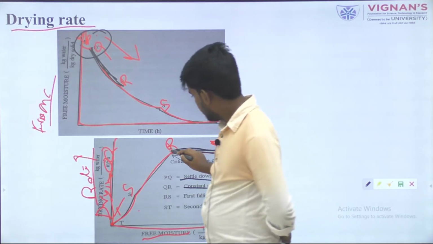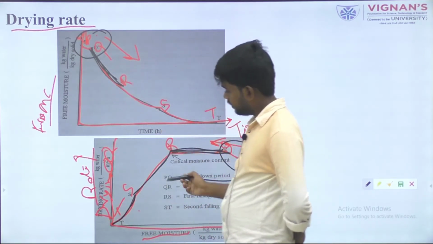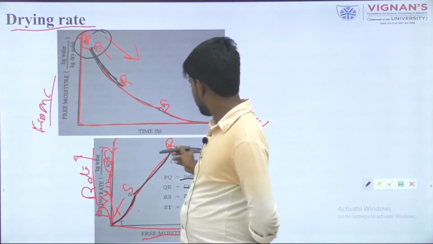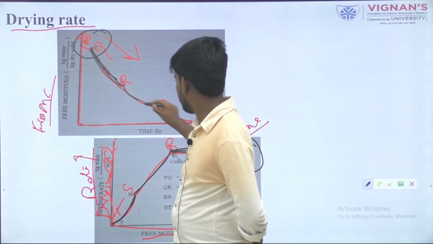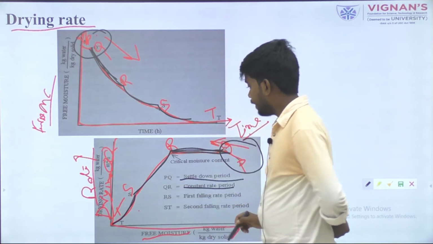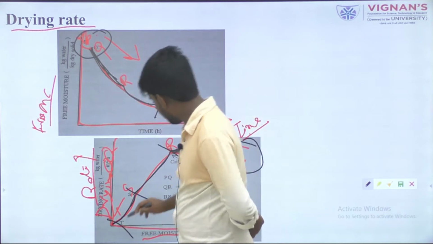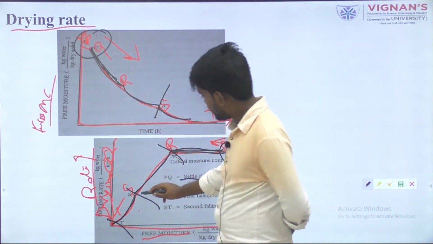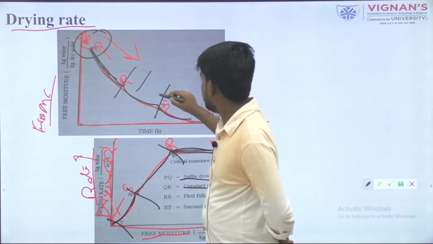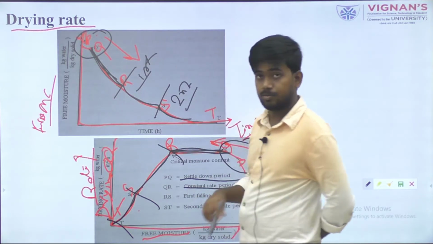In RS to ST, the curve is falling. So here it is denoted as the falling rate period. You can also see the break, segregated: this is the first falling rate period and this is the second falling rate period.